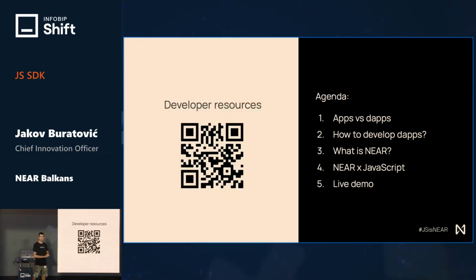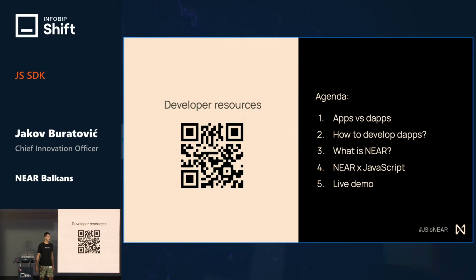So this is the agenda for today. Thank you, Camila, for explaining blockchain and how it works. Now I can actually move to the application layer. We're going to compare applications versus decentralized applications: what the differences are in the architecture, but also in the development process. After that, how to develop the apps.